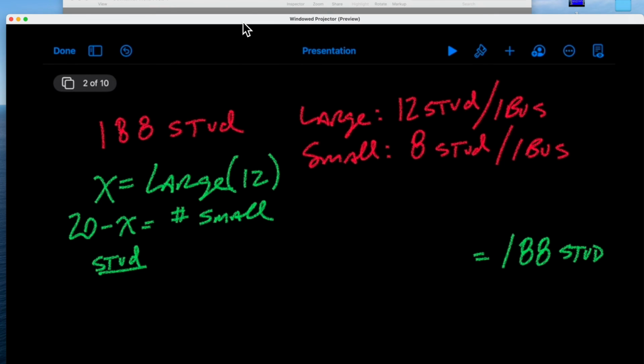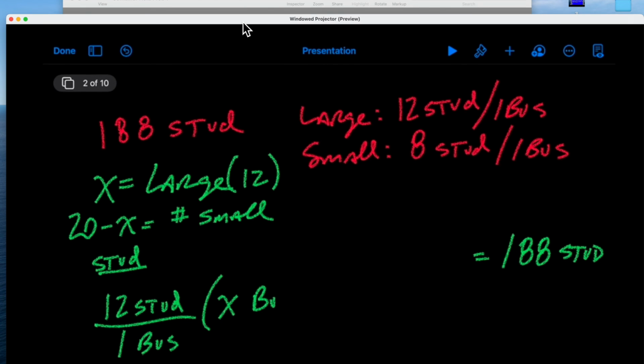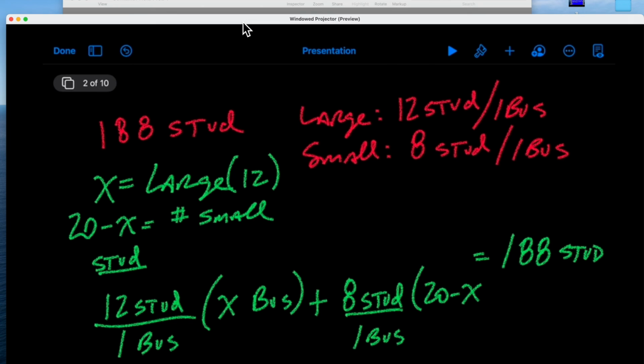We are going to have 12 students for each large bus, times x buses, plus 8 students per bus, times 20 minus x buses.